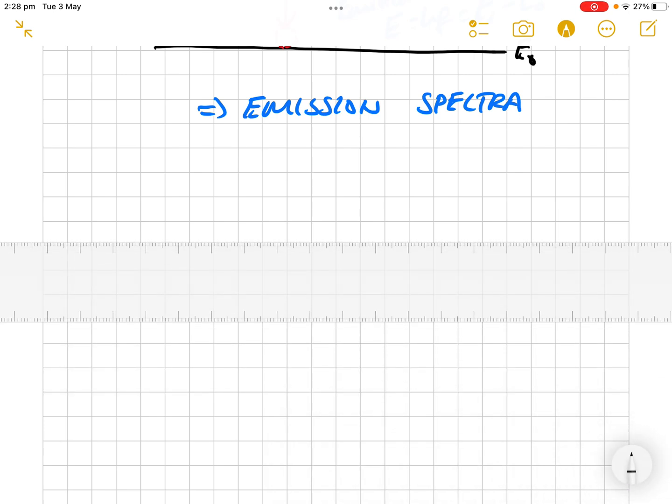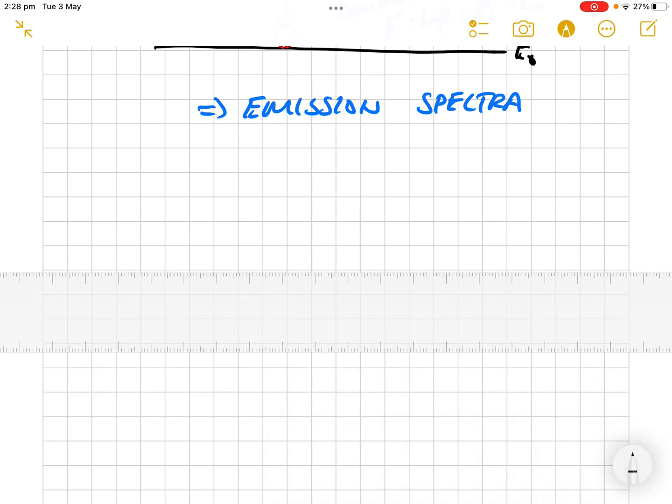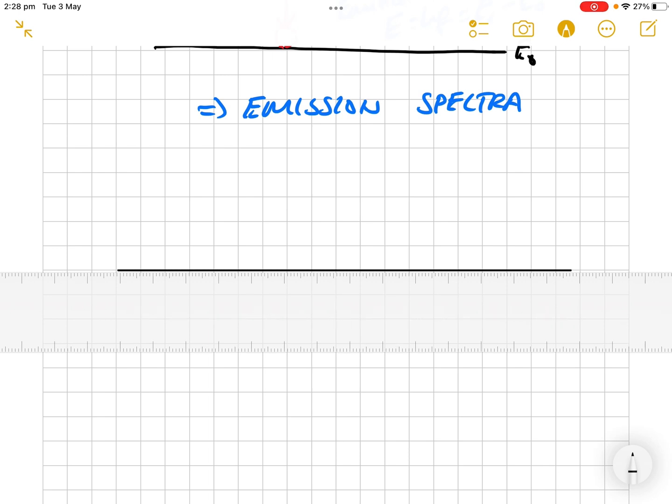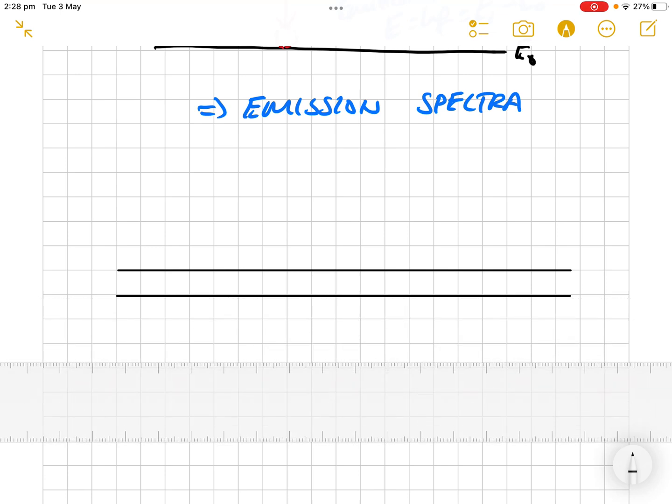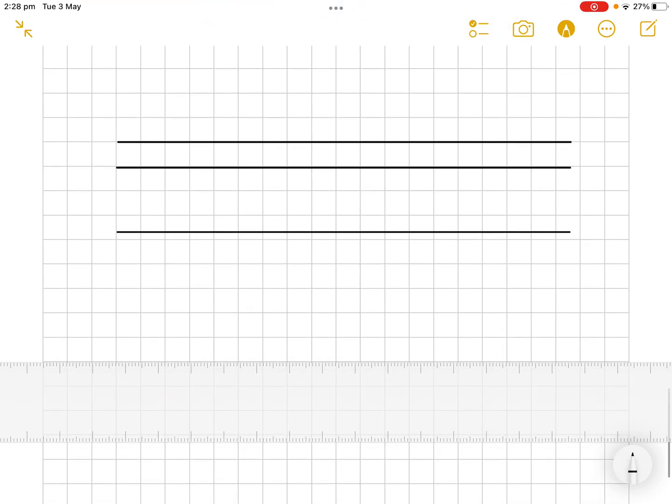It's quite common to get questions about the number of possible transitions. It often comes up in multiple choice questions. So say you've got your energy levels like this.